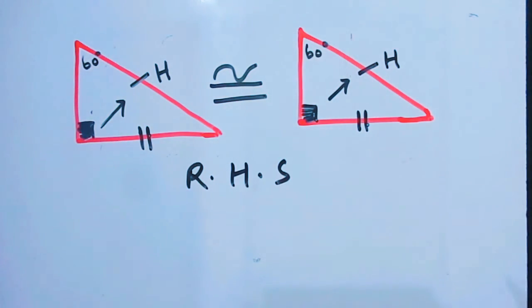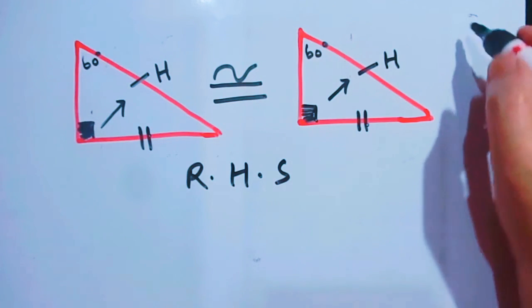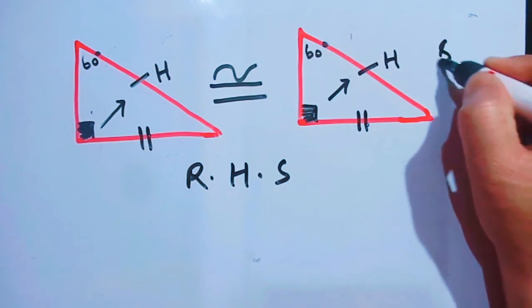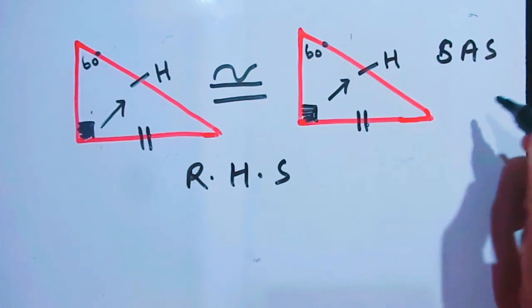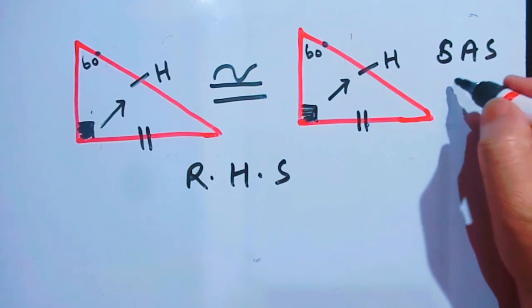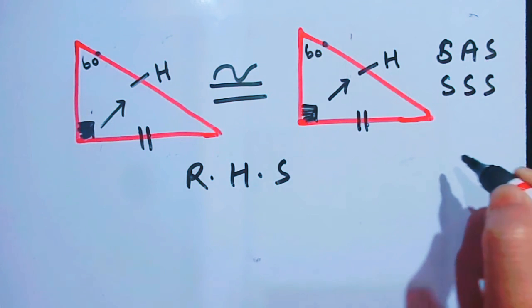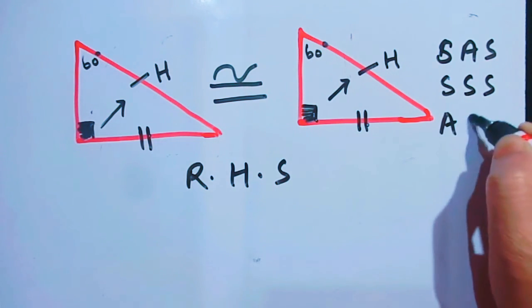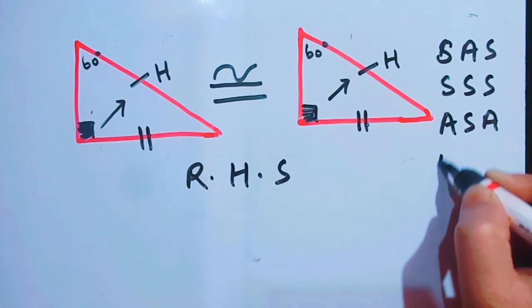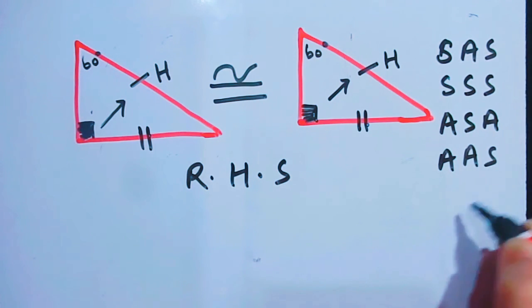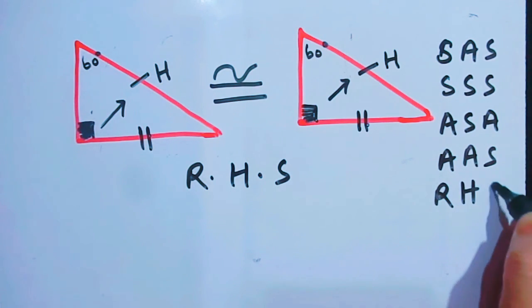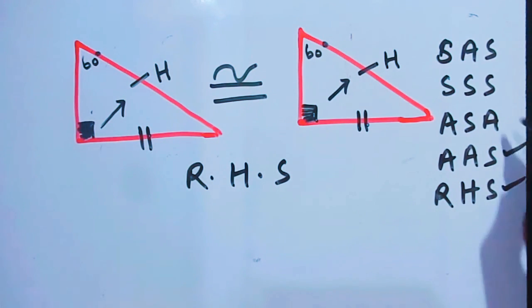So out of all of them, that is side, angle, side, then side, side, side, then angle, side, angle, then angle, angle, side, and then RHS, that means 1, 2, 3, 4, 5.